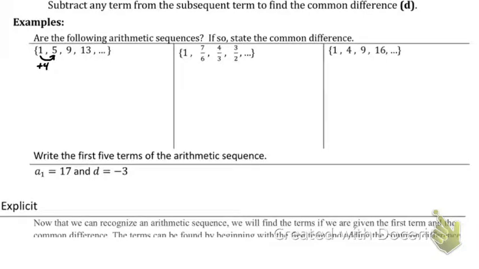As soon as adding 4 gets me to one of them, I must add 4 to all of them, and it has to work. So 4 to 9, that's plus 4, that's good. And 9 to 13 is plus 4, so that's good. We're going to assume the dot, dot, dot means that that is going to continue. So this is, in fact, arithmetic.